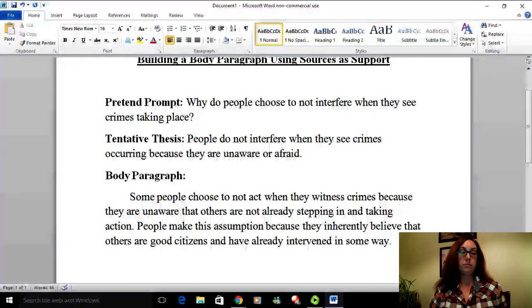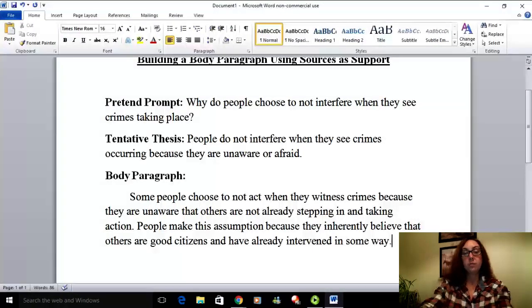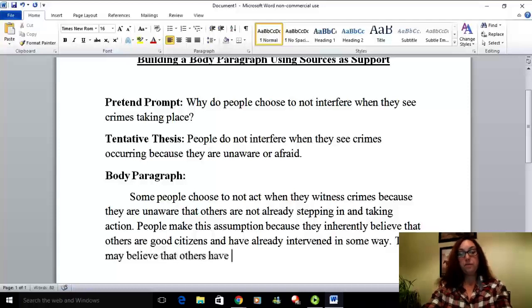I'm like, okay, I was going to explain this. Why do people sometimes do that? Well, they make that assumption because they inherently believe that others are good citizens and have already intervened in some way. They may believe that others called 911 or gone to seek additional help.